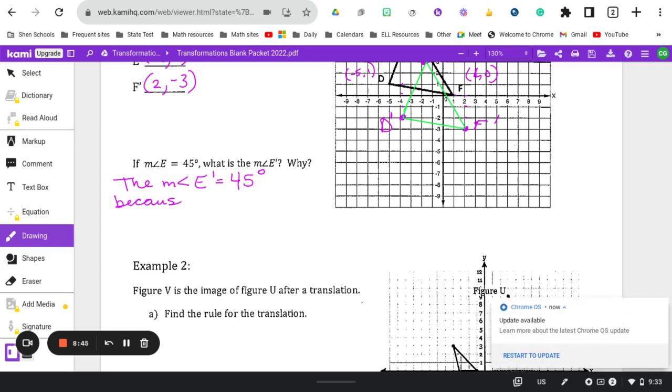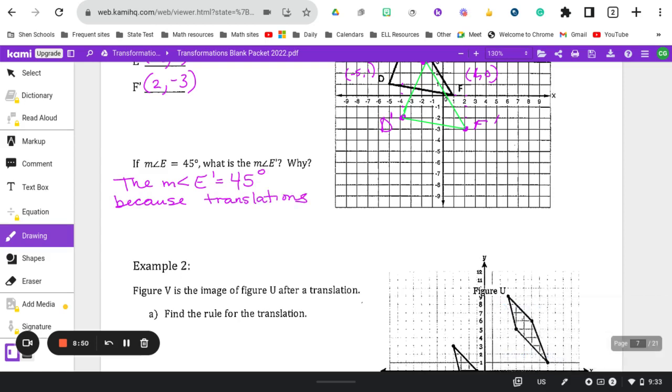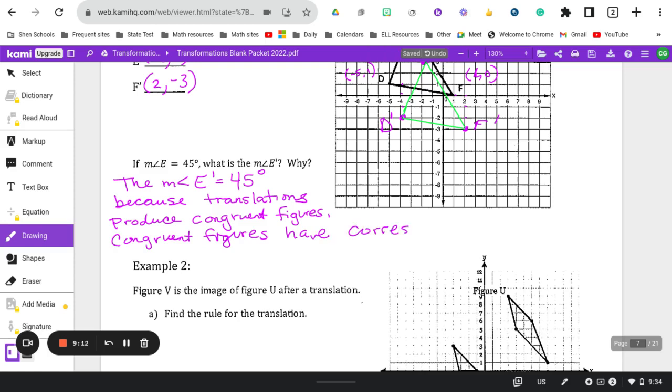Because translations produce congruent figures, and congruent figures have corresponding congruent angles.